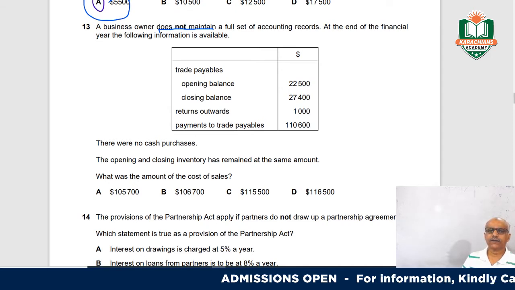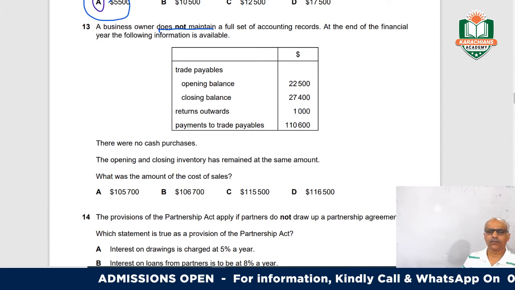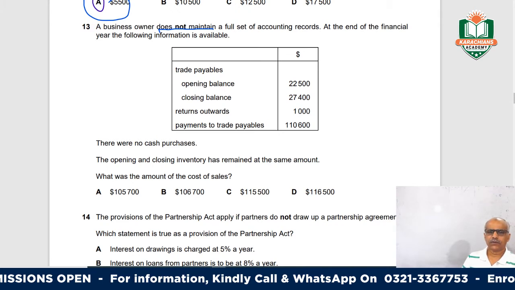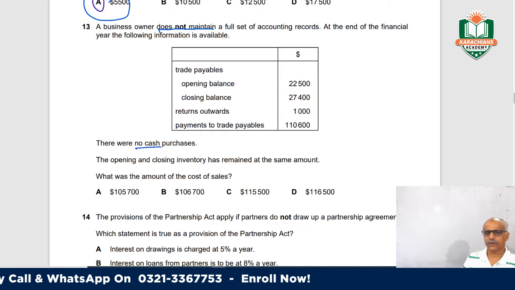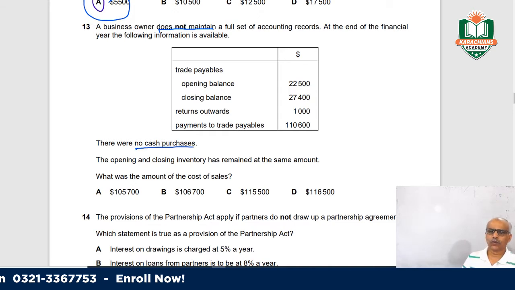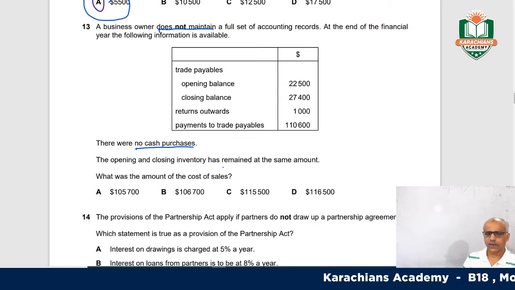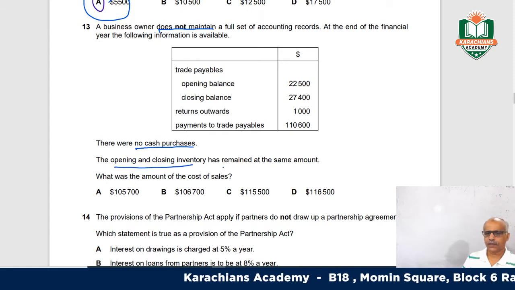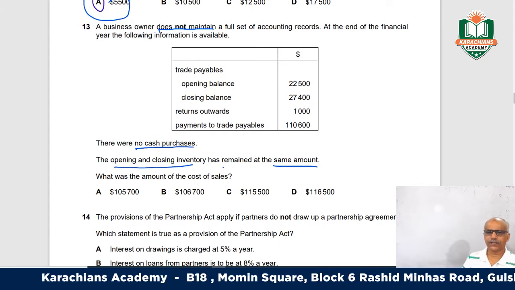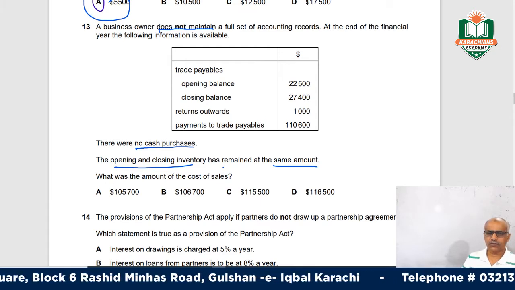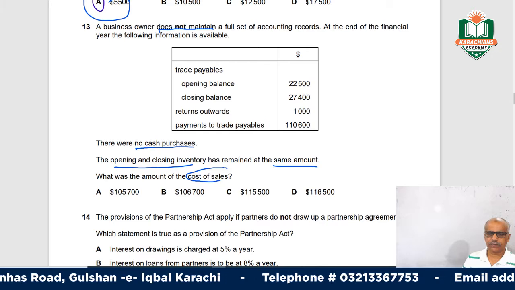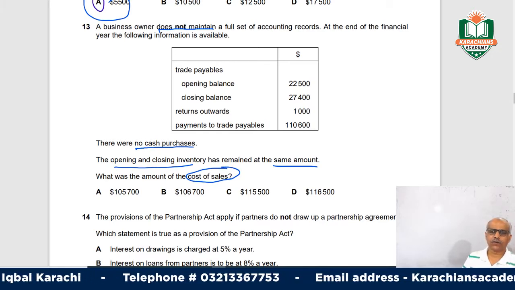Actually, it has given you complete detail of the trade payable account, and there were no cash purchases. The opening and closing inventory has remained the same, no change. What was the amount of the cost of sales?